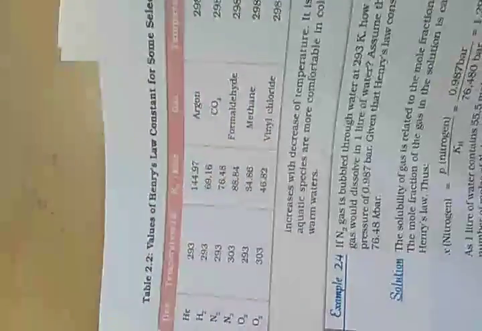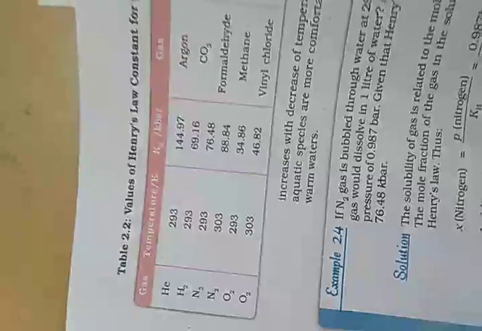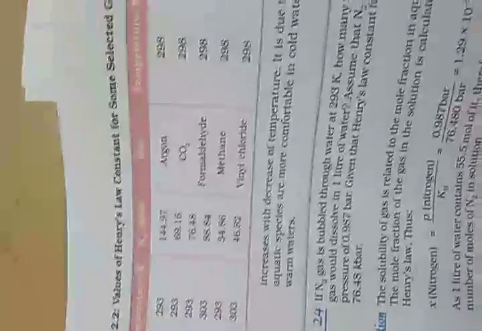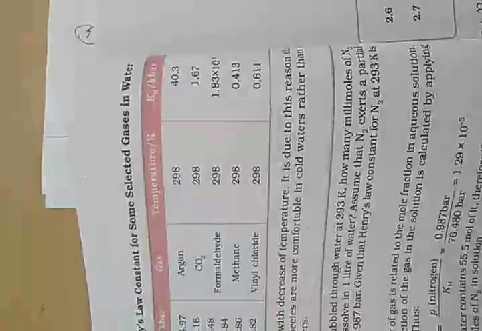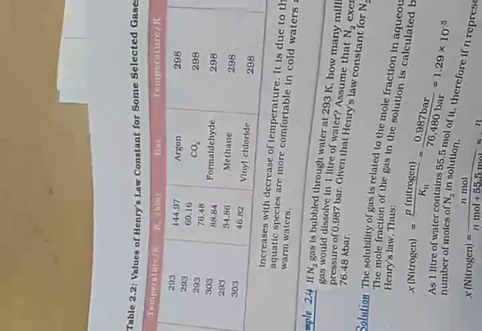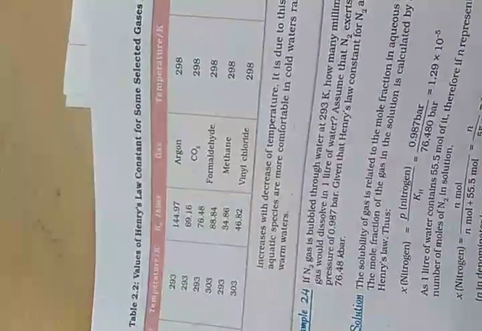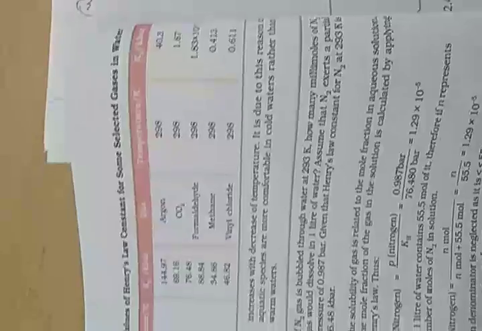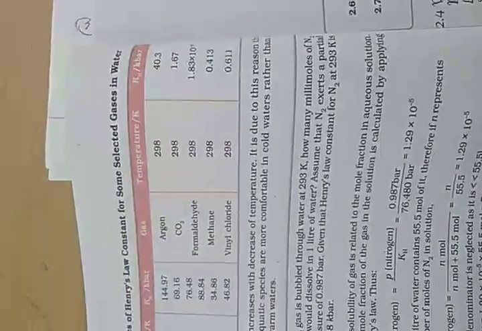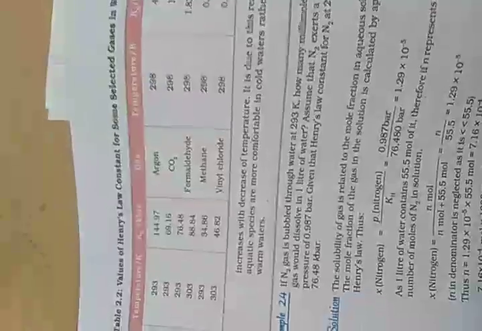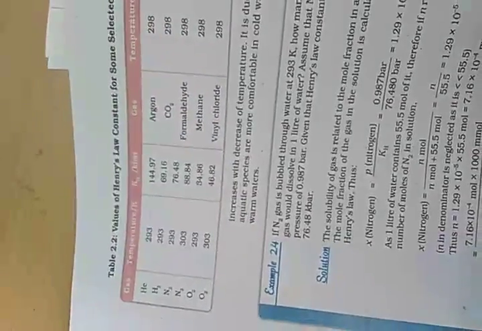At the temperature given, 293, you get the Kh values in bar for each gas. The values increase with increase of temperature. It is due to the reason that aquatic species are more comfortable in cold waters rather than warm water. So we are doing example 2.4 on this.